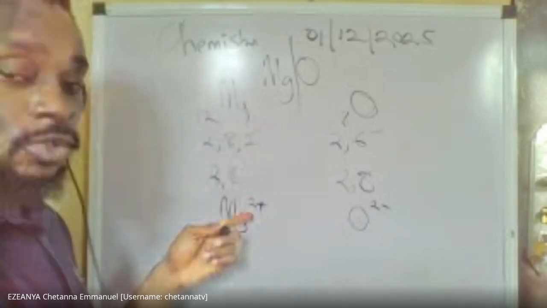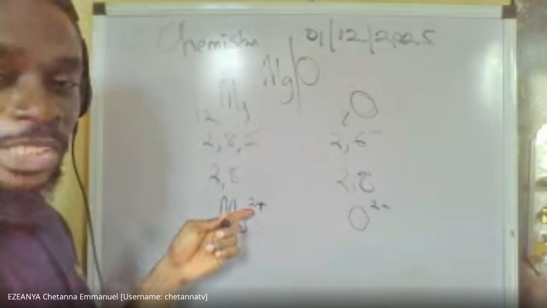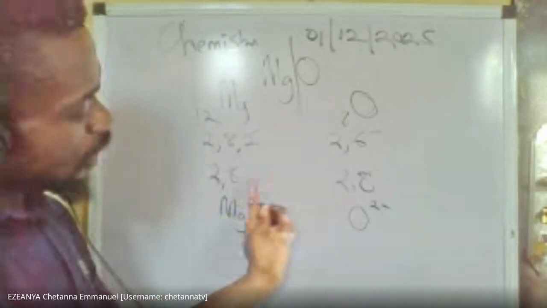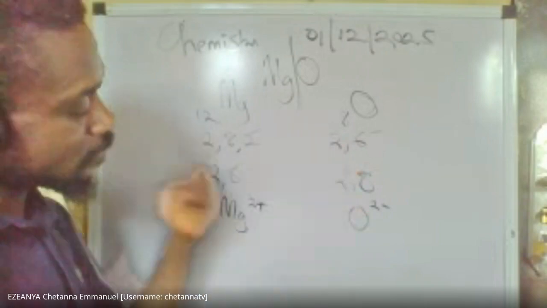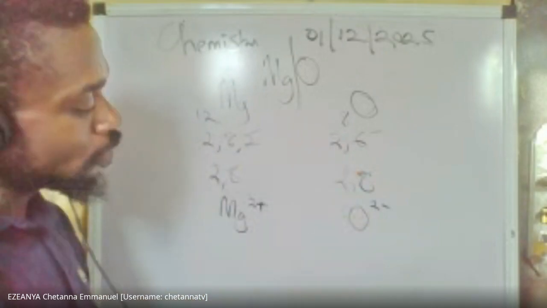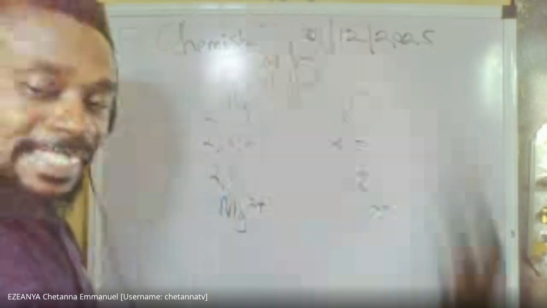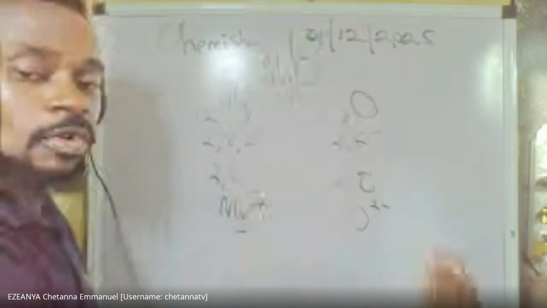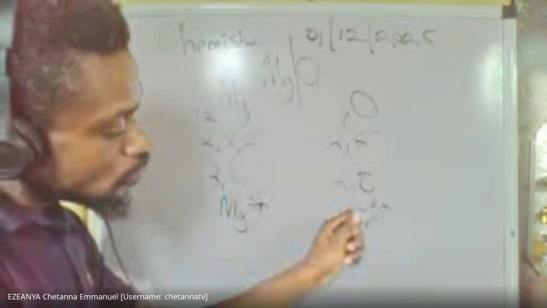That's why you have 2+, showing 2 extra positive charges. Then if the oxygen atom gains these 2 electrons, it becomes 2 negatively charged, 2 electrons more than the protons. That's why you have 2 negative charges here.